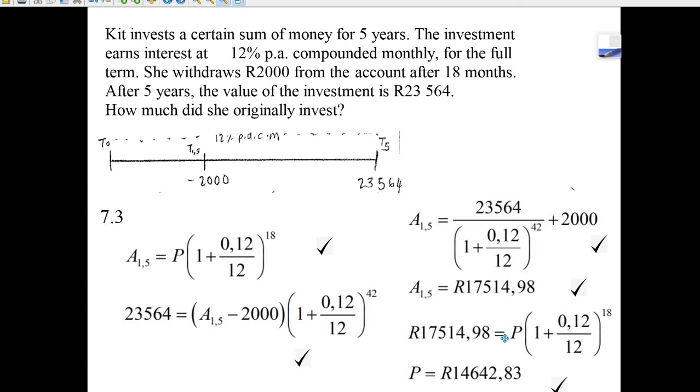And then I went, oh, there's a certain amount, whatever that certain amount is, that I started with, and it grew for 18 months to give me that amount. So from T0 to T1.5, that would be what P is. It would grow for 18 months to give me that amount that I just solved for. So I did that. There's the amount, P times this. I divide by that. Look, we get exactly the same answer.